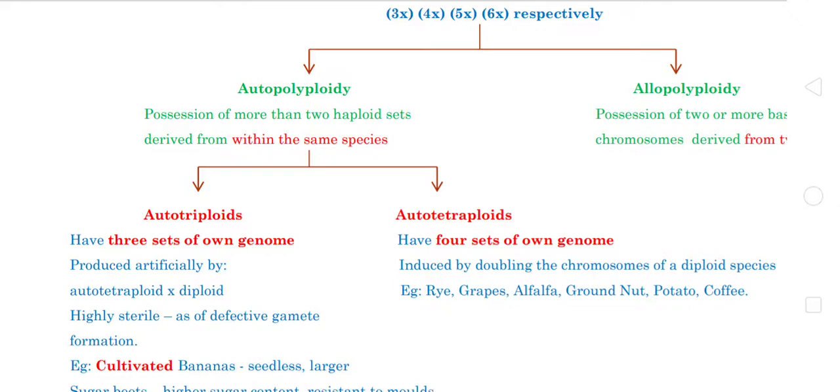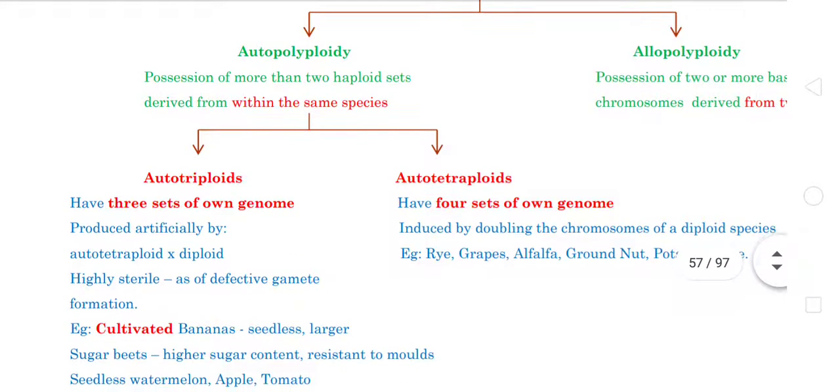They can be produced artificially by crossing 2 different types, one called autotetraploid and another diploid in nature. Autotetraploid means 4, diploid means 2. If you cross these two, in the F1 generation they are sterile. This leads to defective formation. But in the F2 we can get the progeny at a higher rate.